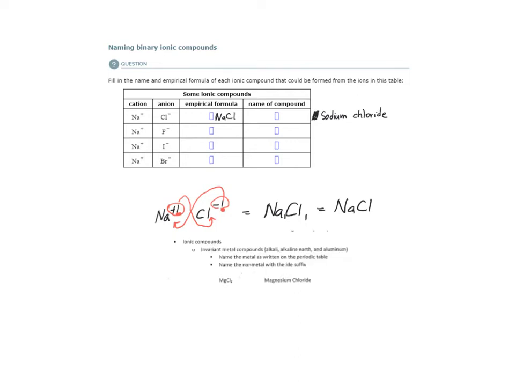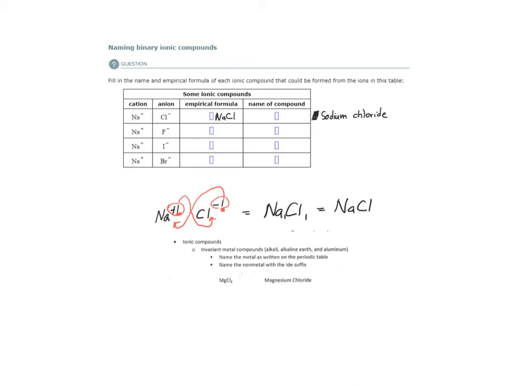Here's a little reminder on how to name simple binary compounds that are ionic and have invariant metals. Our invariant metals are our main group metals. Metals in group 1A, metals in group 2A, and aluminum. Here, sodium, we can see that it is a main group element.